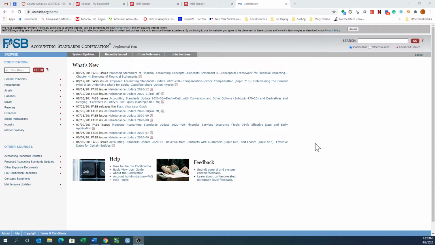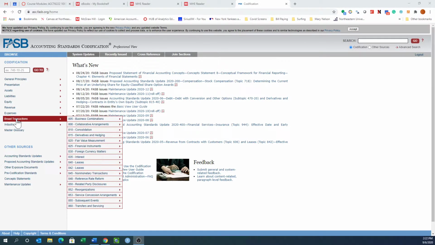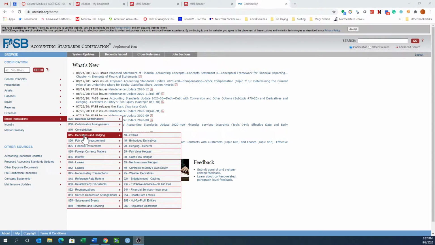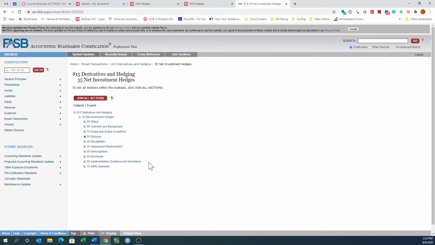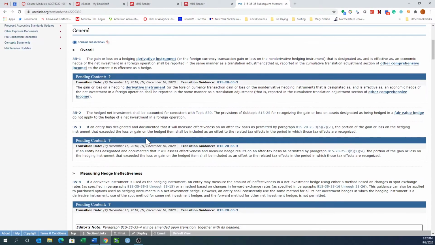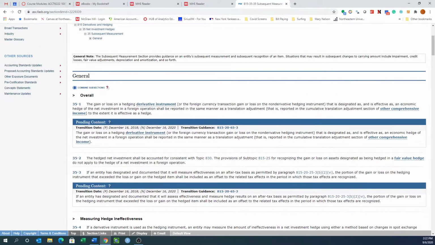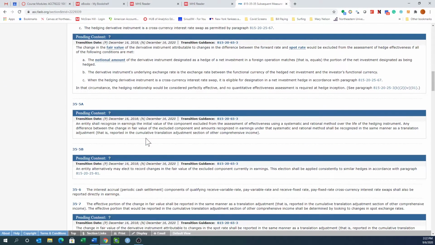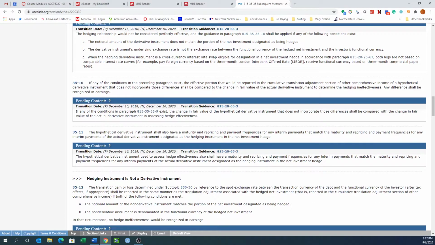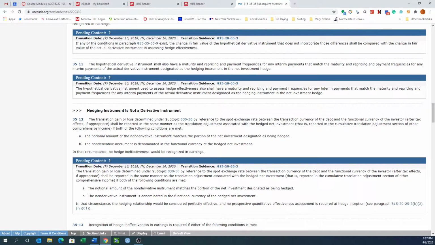Let me show you. So if we're still in 815 here, we go to 815, we go to net investment hedges, and we take a look at subsequent measurement. I'm going to scroll down here because it's all dealing with the derivatives. This is where the hedging instrument is not a derivative instrument.